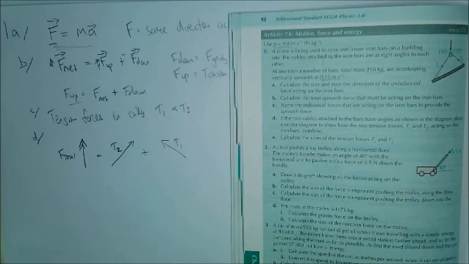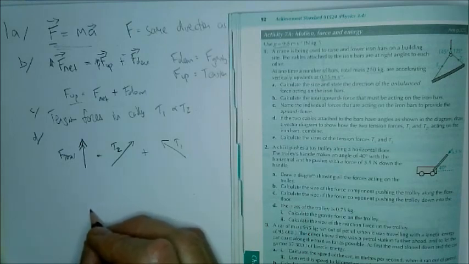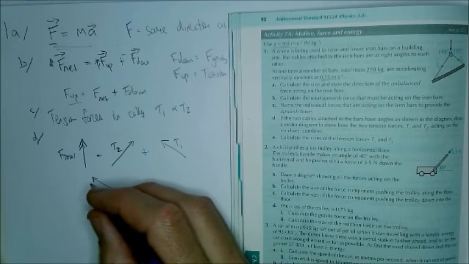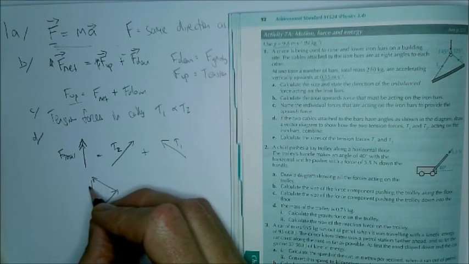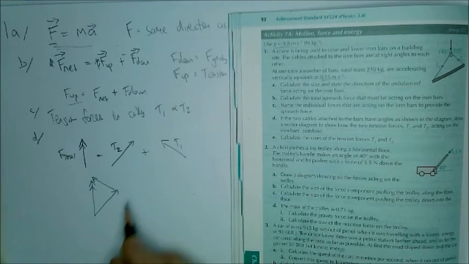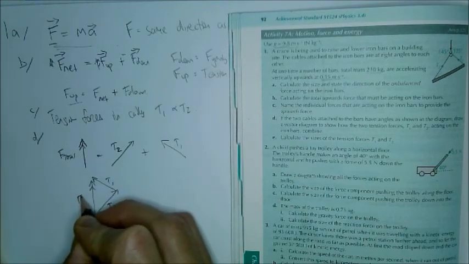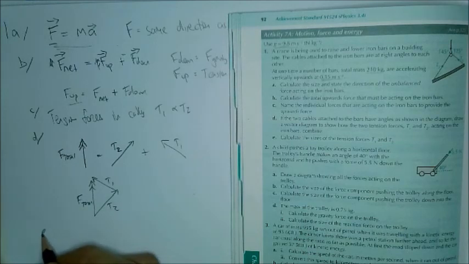Now, can we remember how to do vector addition? That's nose to tail, and we have to get to the point where we get a nice vertical line here. Okay, so there's your vector diagram showing how you get the two forces, T2 and T1, to combine to be the total force.